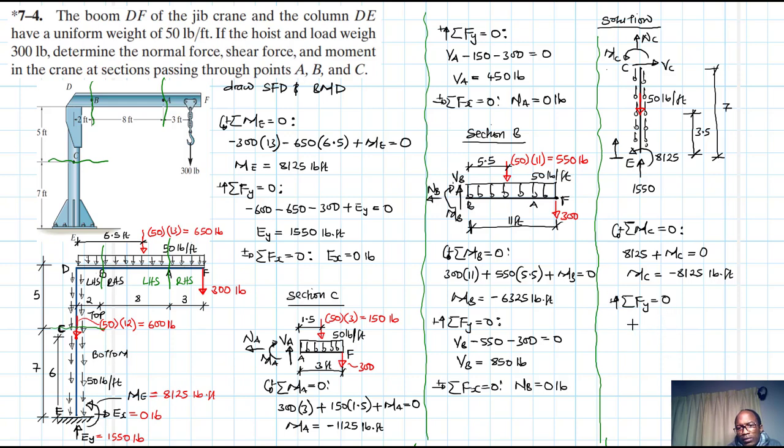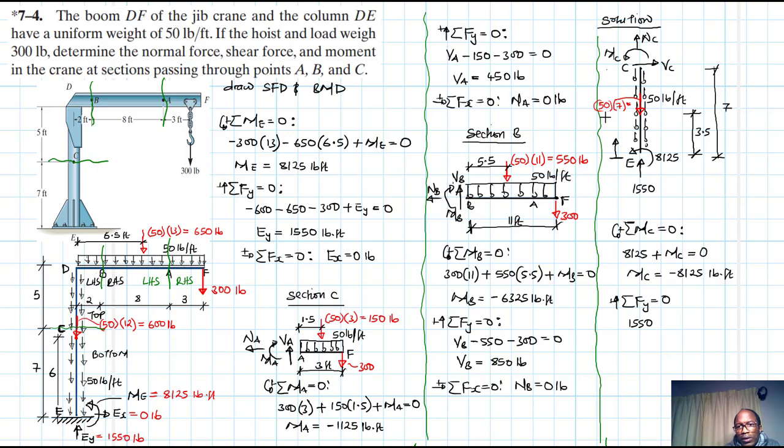Then we have summation of forces in the y direction equal to 0. What do we have? We have 1550. And then we have this load. This equivalent force is equal to 50 times the length, which is 7.